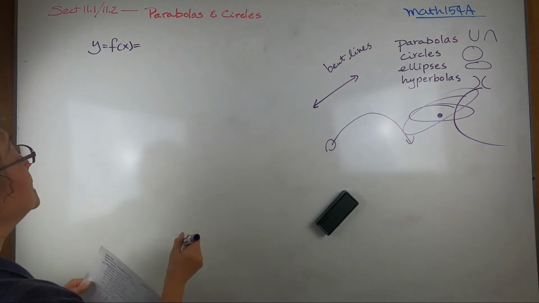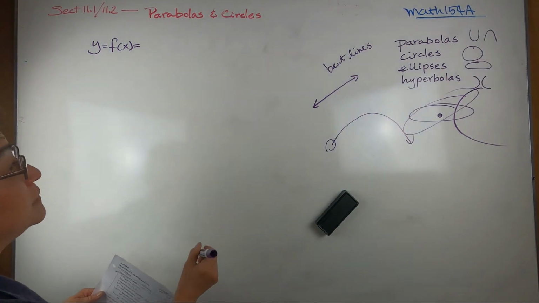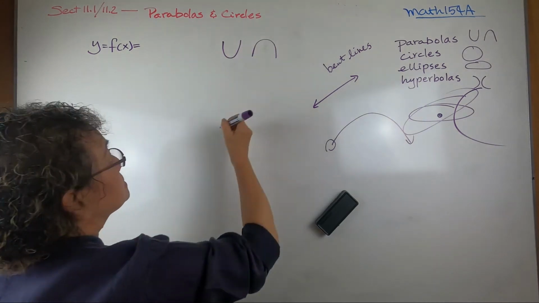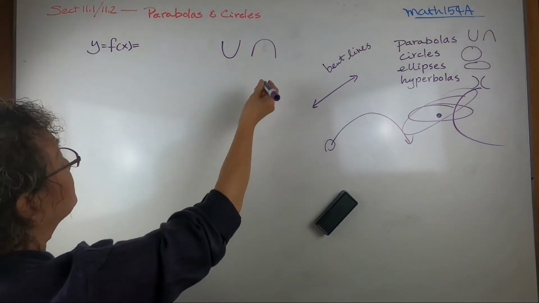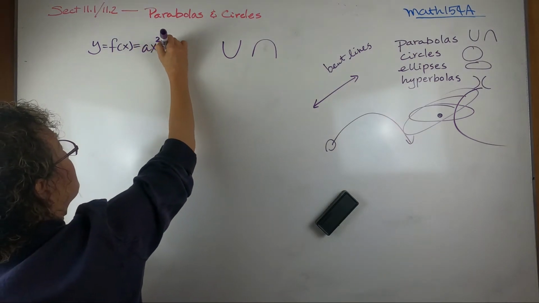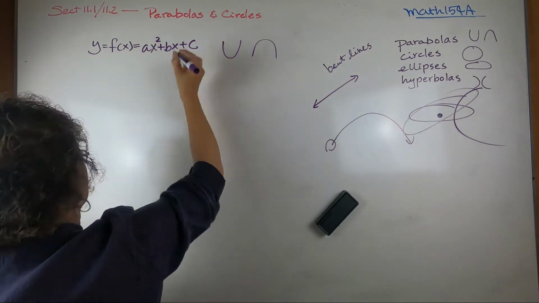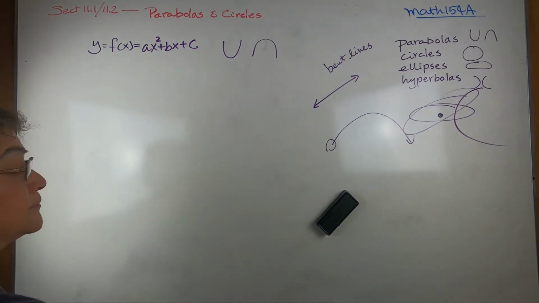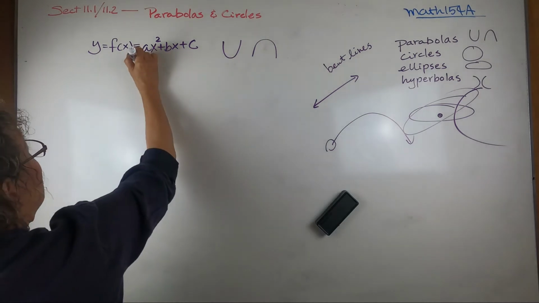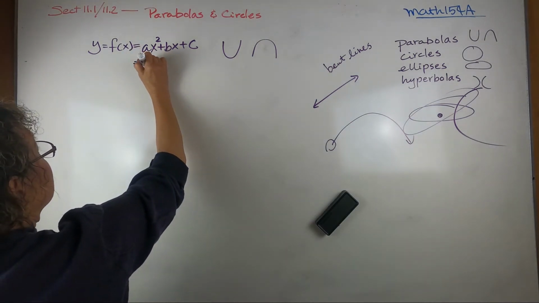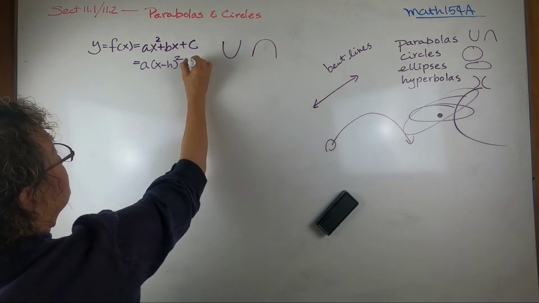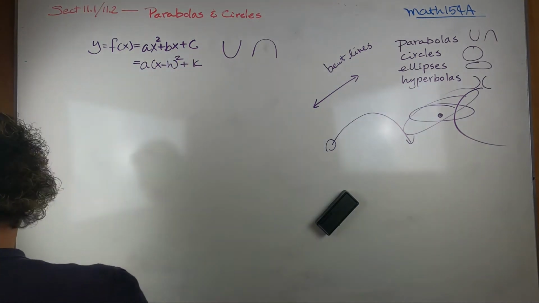And if we write it in the standard form for a parabola, like those, up and down, right? So it's like what? ax squared plus bx plus c. The standard form. If we write it in the vertex form, that would be what? a(x minus h) squared plus k. Remember this?